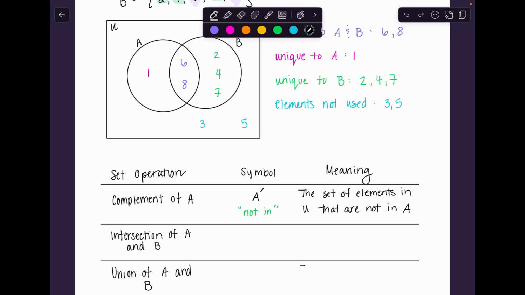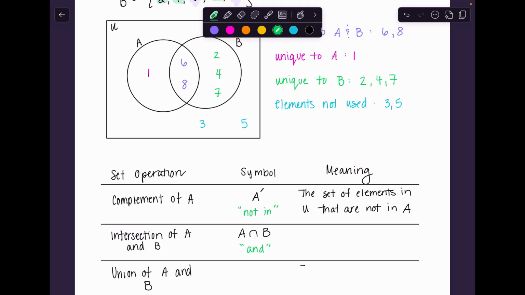The intersection of two sets here, A and B, is what I hope you think of with intersection. The intersection of a road or two roads is where they overlap. It's the same thing here. The way we denote this is we have A and B, and the intersection is symbolized by an upside down U. And again, this means "and."